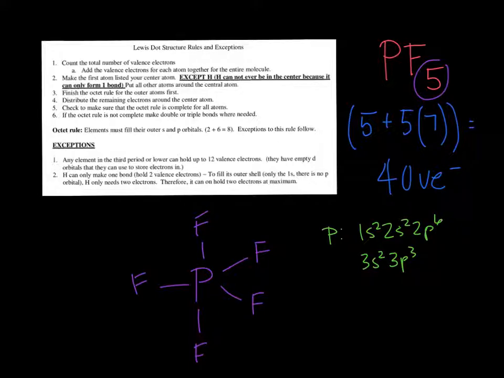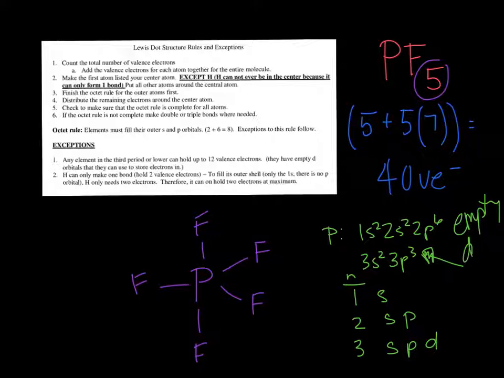So that's all fine and dandy, but when we look at what orbitals are available, so if this is n, we have an s orbital available when n is 1, there's an s and a p orbital available when n is 2, and then there's an s, a p, and d orbitals available when n is 3. But there's no d here, right? It hasn't been filled. So it has an empty d orbital.